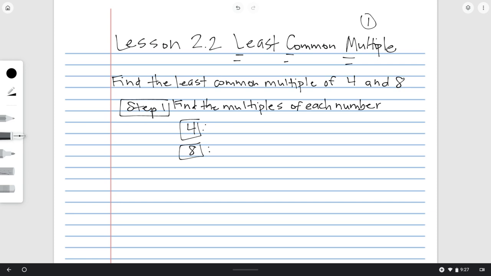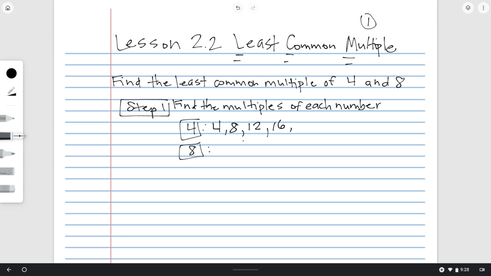Okay, so multiples of 4, looking at my 4s on my multiplication chart. I'm always going to start at 4. So 4. Then the next number is 8. 4 times 3 is 12. 4, 8, 12.